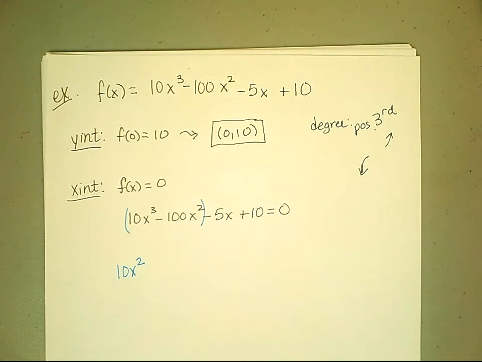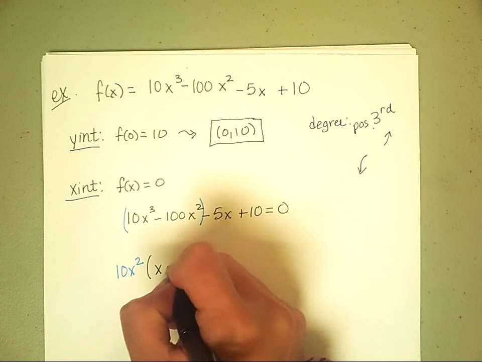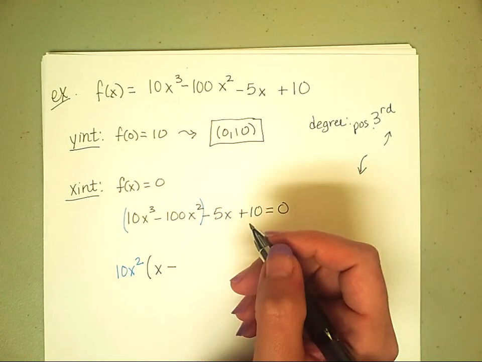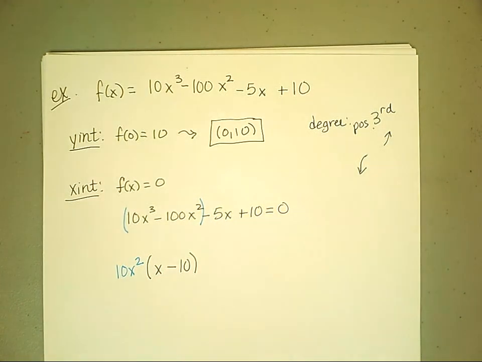Here, in this one, I can pull out a 10x squared, and that will leave behind an x minus 10. Oh, I hope this works. Factoring by grouping might not work on this.